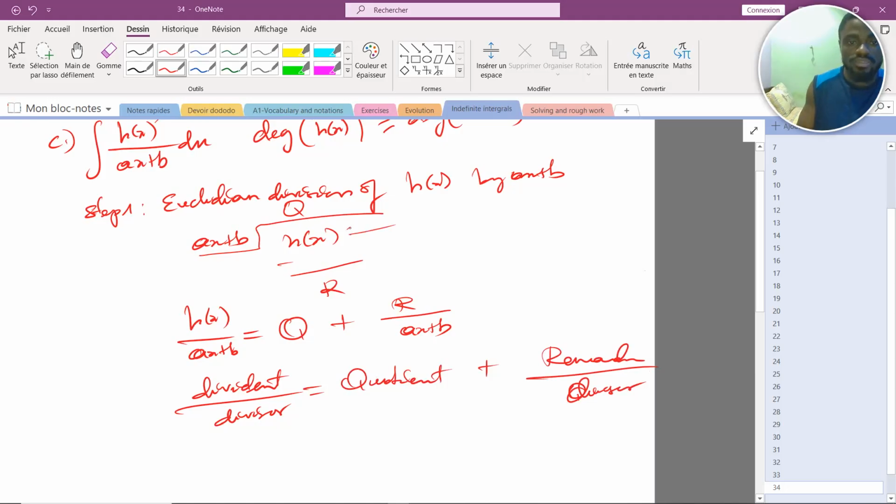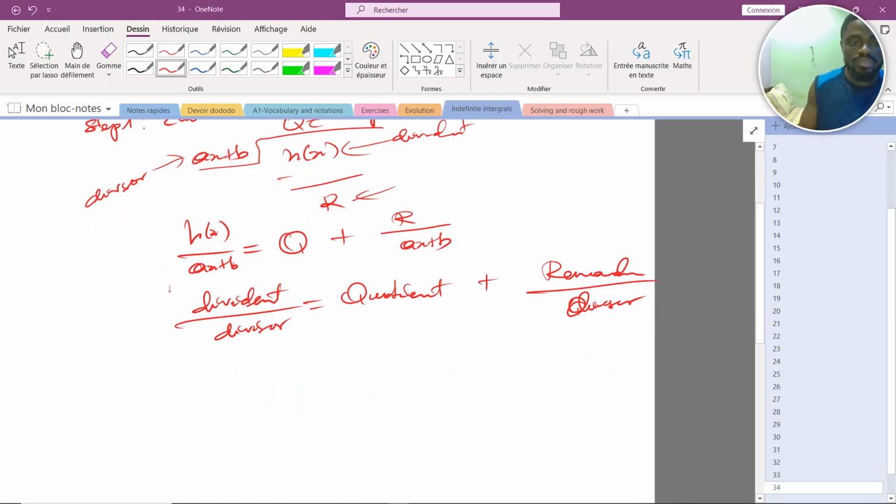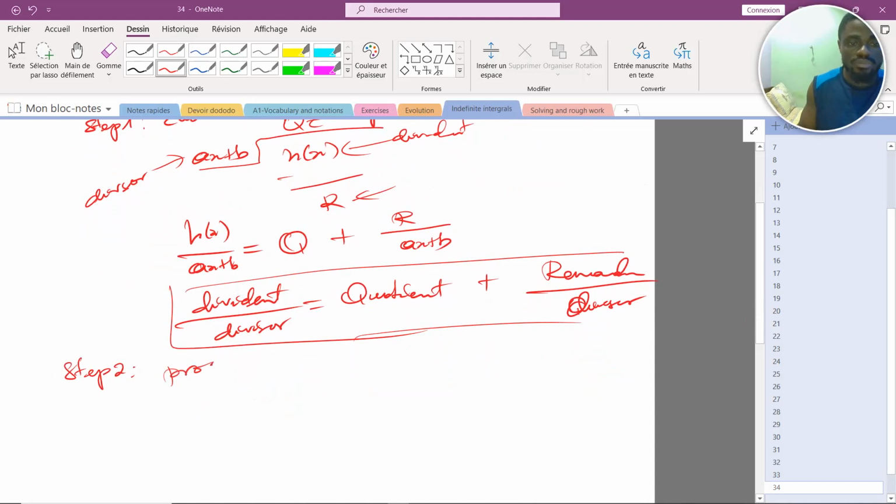This is the dividend, this is called the divisor, this is called the quotient, and this is the remainder. So after writing it in this form, the next step is you proceed to integration using previously taught techniques.